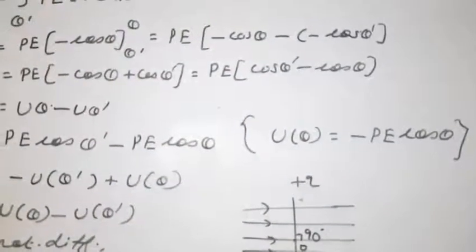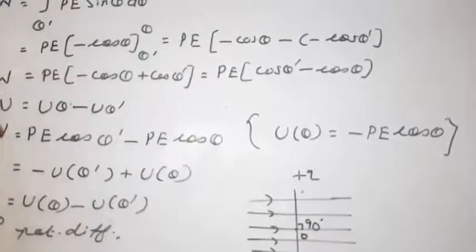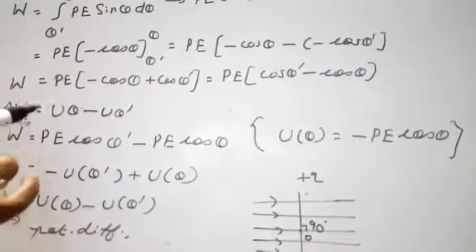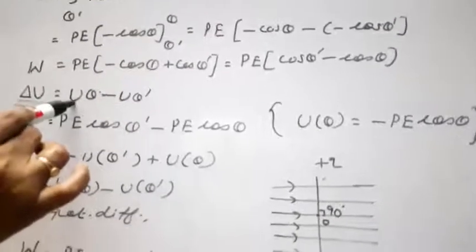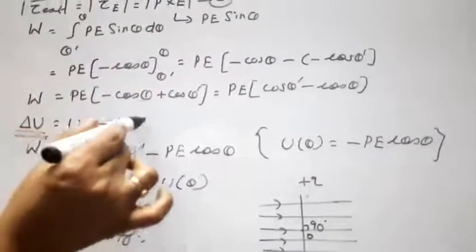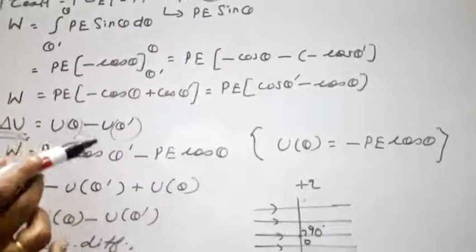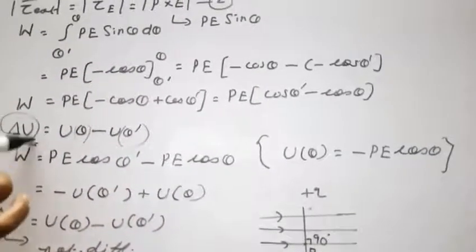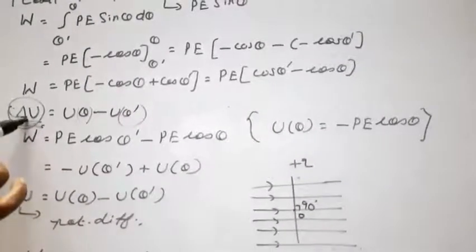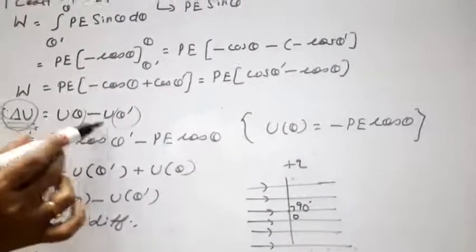Then this work done W is considered as a stored potential, therefore we can consider it as U. That is U theta minus U theta dash equal to del U. Del U is nothing but the potential difference between the angular positions theta and theta dash.